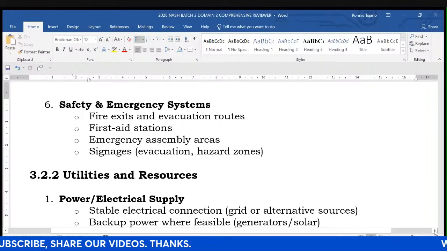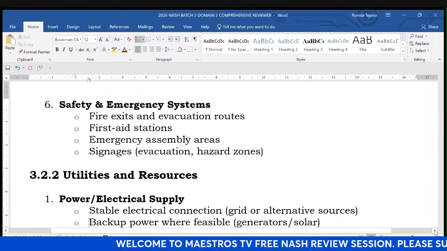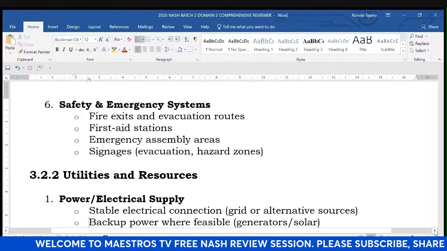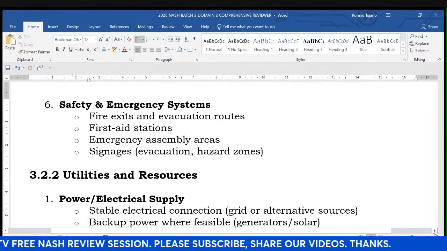Okay? Ano nang tawag doon nung mayroon tayong space for PPE before the students and all enter, meron tayong specialized zone or area. Ano nang tawag doon? Maalala nyo?